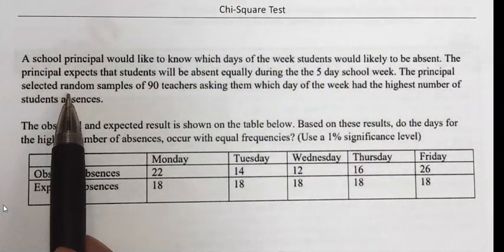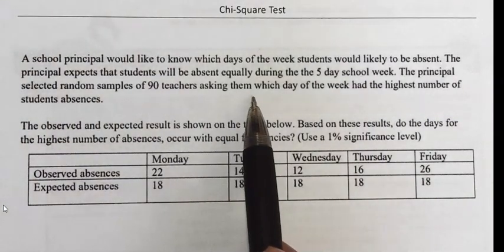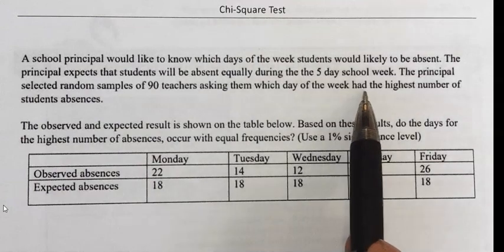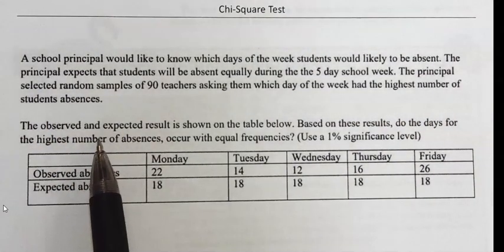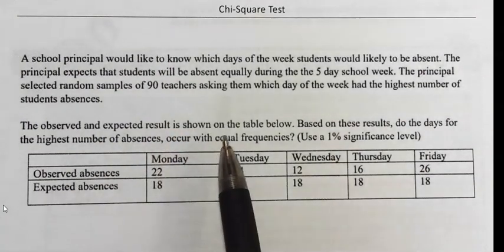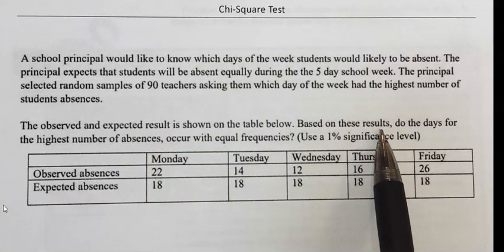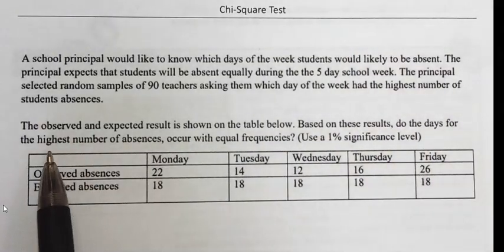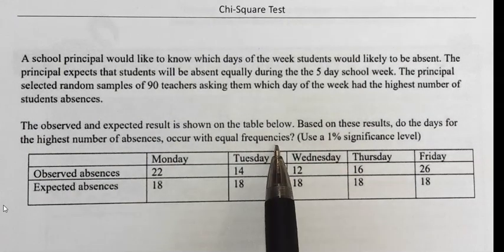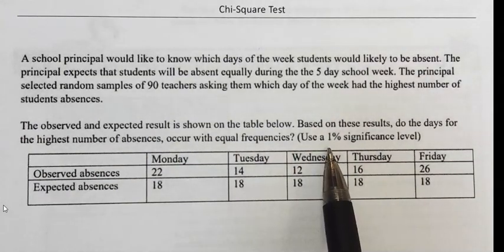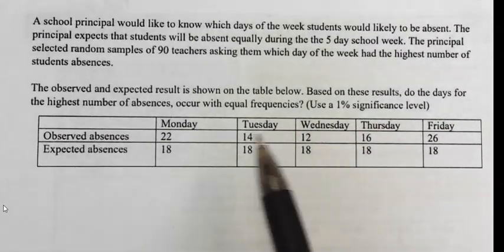The principal selected a random sample of 90 teachers, asking them which day of the week had the highest number of absences. The observed and expected result is shown on the table below. Based on these results, do the days for the highest number of absences occur with equal frequencies using a 1% significance level? All right, so this is what we have.